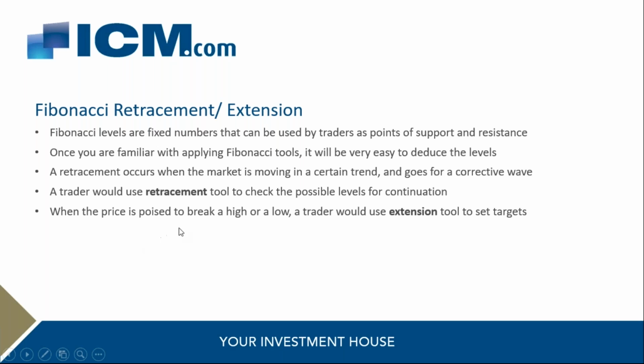When the price is poised to break a high or low, the trader could use the extension tool. It's very important in trending markets, because whenever the market is breaking new high levels, that means there is already a fixed point at the high, and when the market breaks that level, it is going to get a new level of targets.